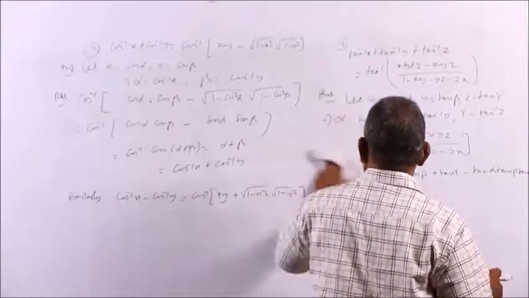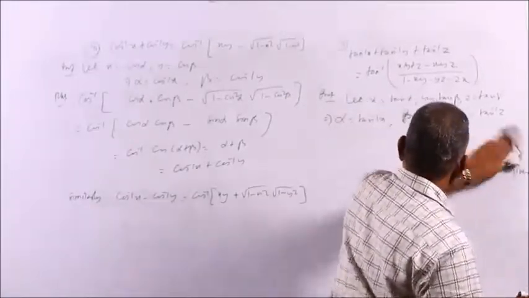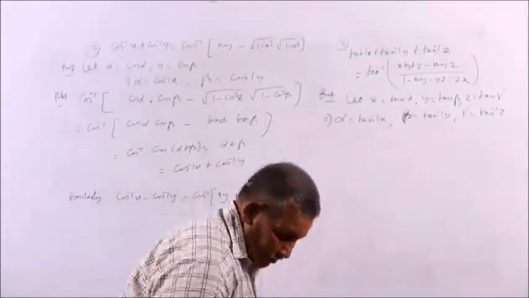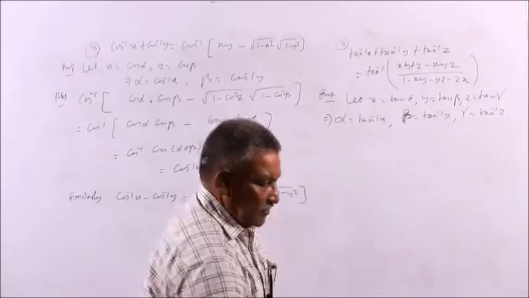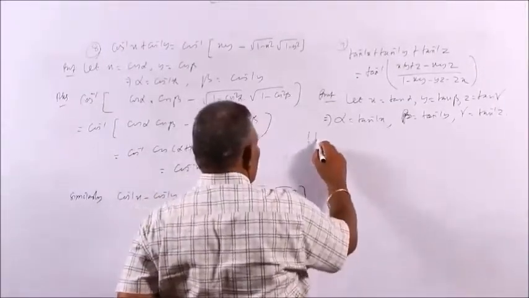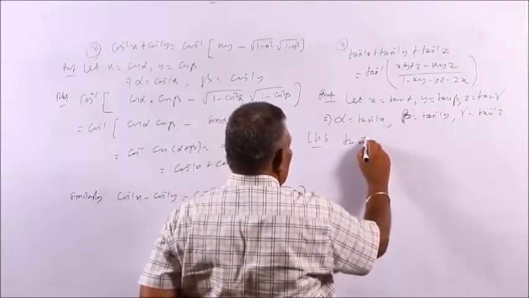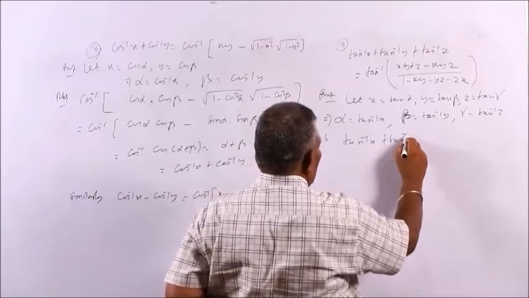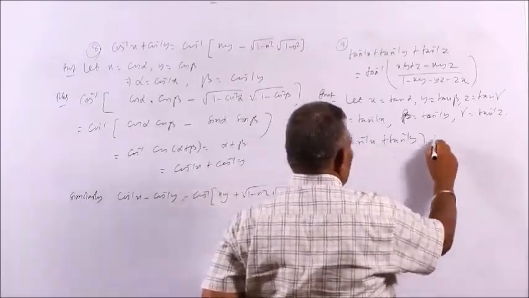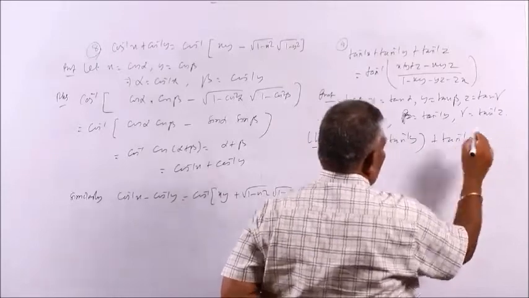Let us start from the LHS. So, that is tan inverse x plus tan inverse y plus tan inverse z.